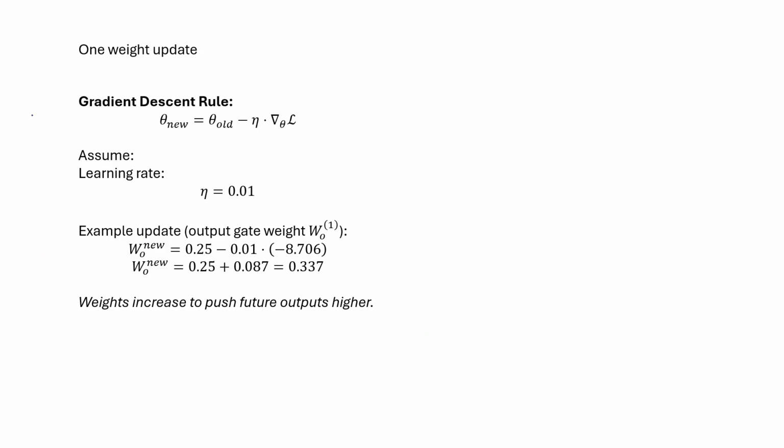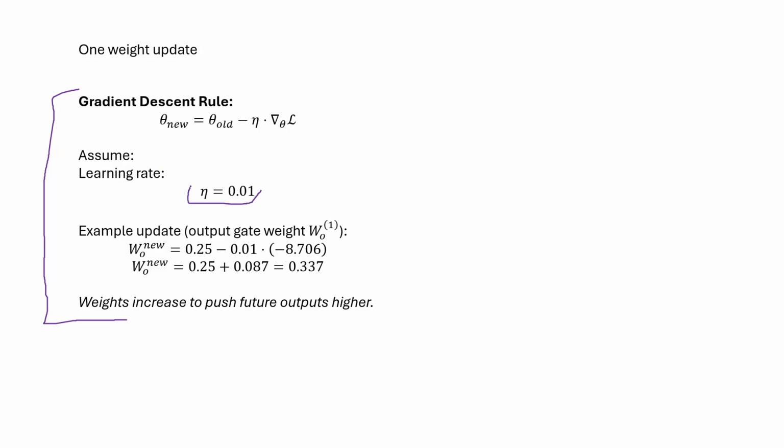So after doing the backpropagation, assuming many values here, so don't take this as a correct calculation, we do the gradient descent, where the new parameter is the old one minus the learning rate multiplied by the gradient function.